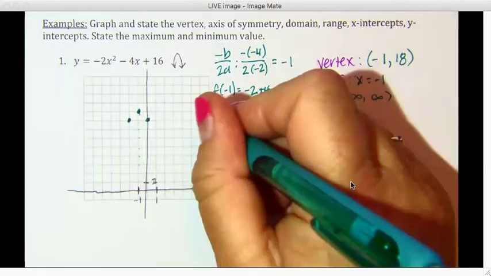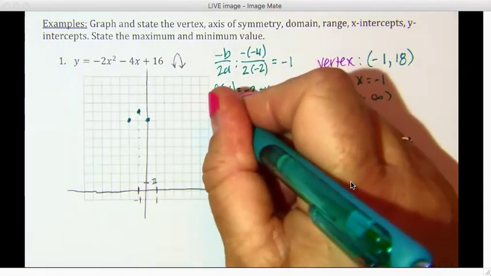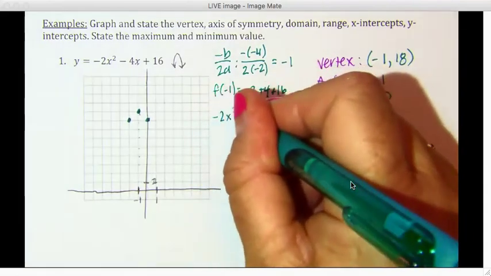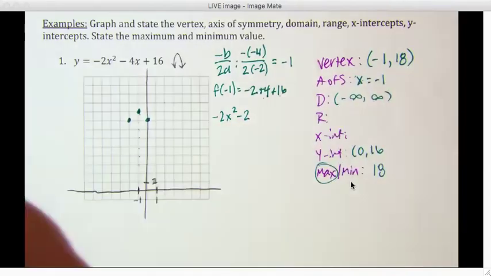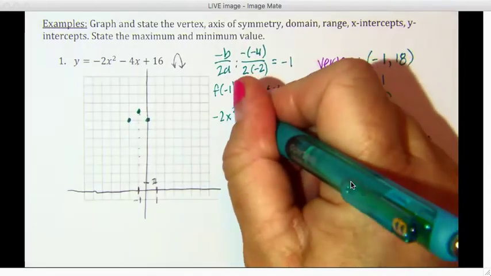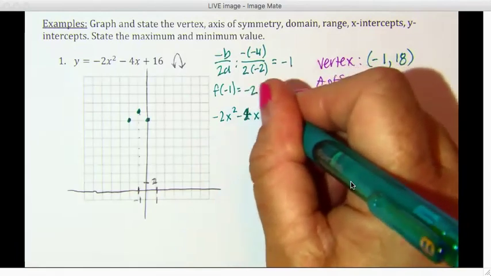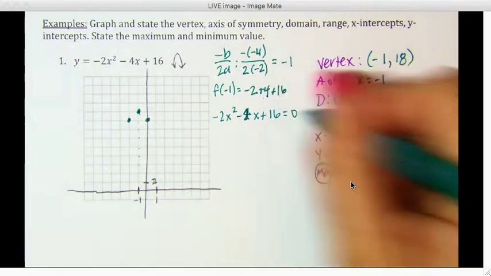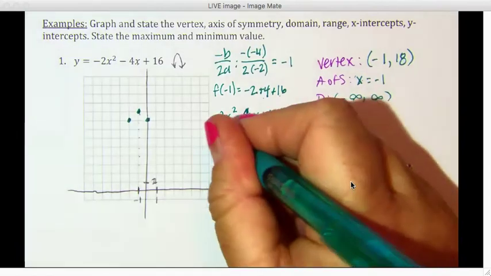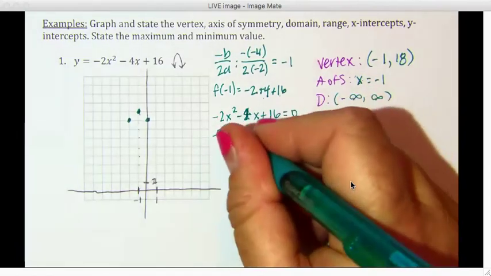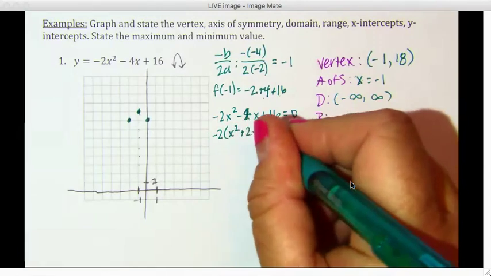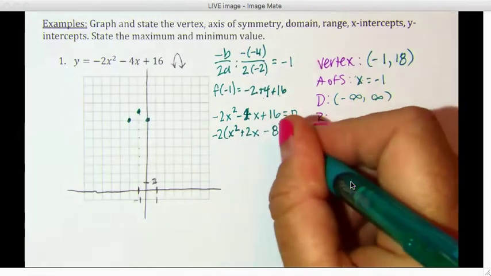I'm going to go ahead and find my x-intercepts, and we find those by setting our equation equal to 0. Change that to a 4. x plus 16 equals 0. So pulling out a -2, I'm left with x squared plus 2x minus 8 equals 0.